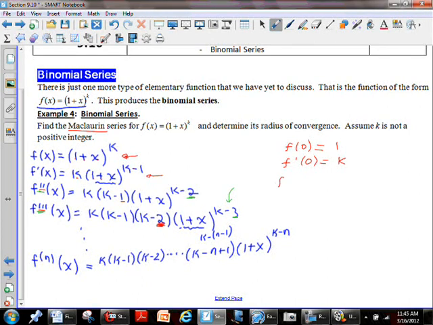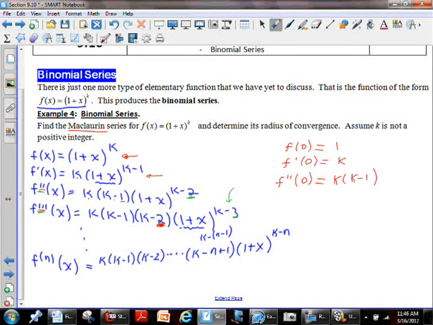F double prime of 0. Well, you probably guessed it, k times k minus 1 times 1. So we've got 3 terms listed.